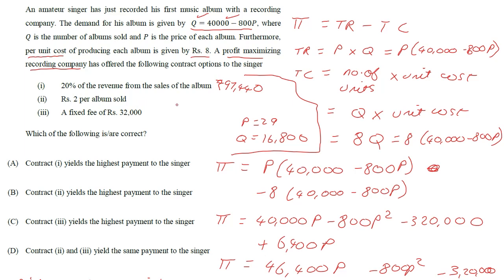But we cannot simply take this 2 and multiply it by this quantity, because this quantity assumes that the per unit cost of producing an album is 8. But now I would argue that it has become 10 if we are going to be selling at rupees 2 per album.